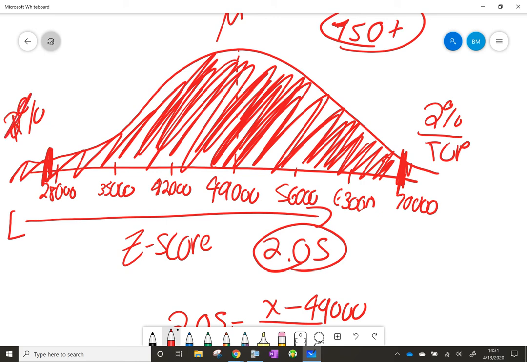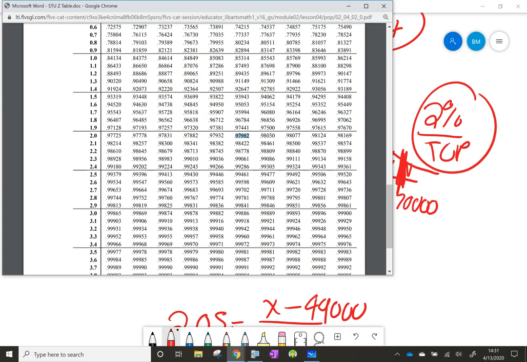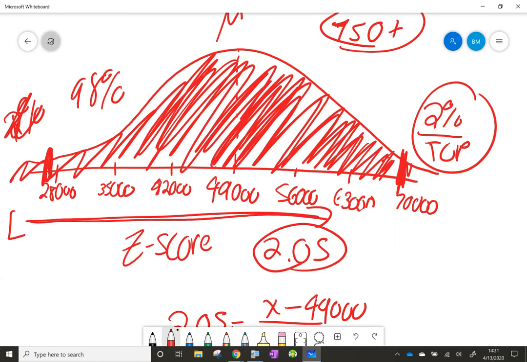So we have to look for the bottom 98% since the top 2% is on the right, because that's the way the table is designed. The table that we're using is designed to look at it from the left side to the right side. So if we're looking for the top 2%, then I want to figure out where the bottom 98% lives.